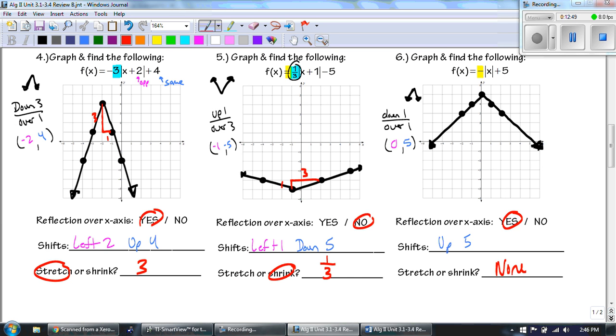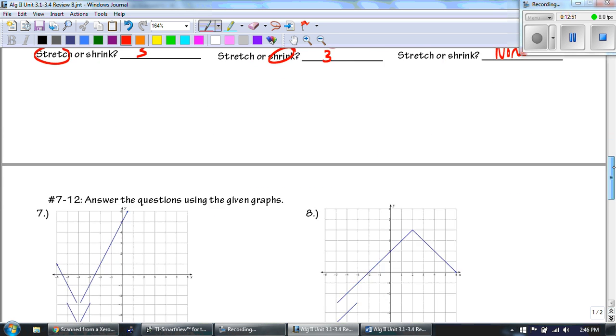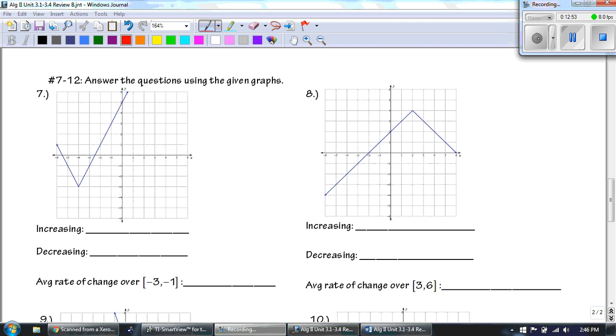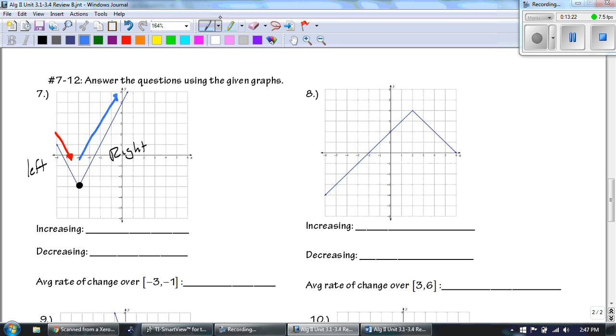All right. Let's knock this out in one video. Go ahead and flip it over. Okay. So, I want to know, where are we increasing and where are we decreasing? So what we do is we look at the left versus the right side because our vertex is the middle. Now from left to right, our left side is going down and the right side is going up.